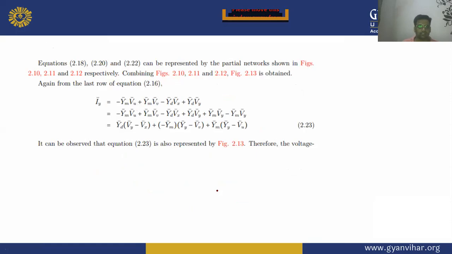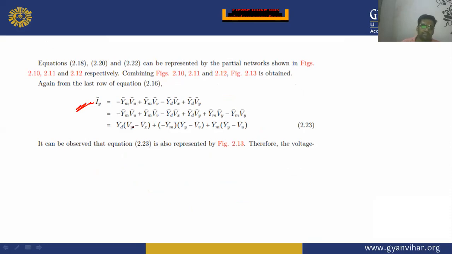Next, these equations 2.18, 2.20 and 2.22 can be represented by a partial network as shown in the figure. In the next slides I will show you. Before this, this is another equation, the last row equation. This is your Iy.